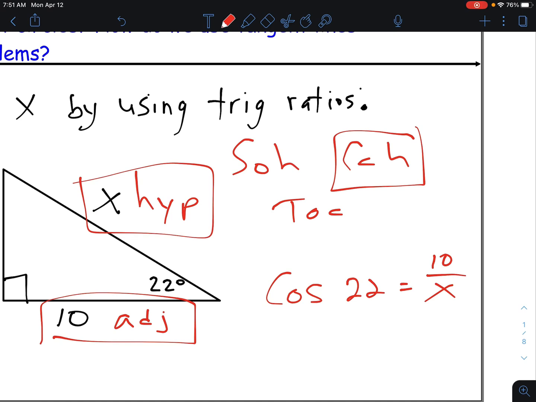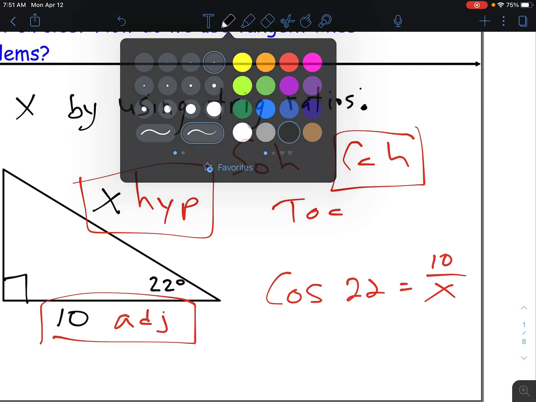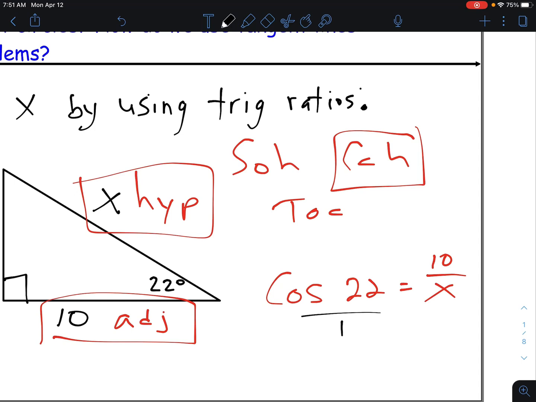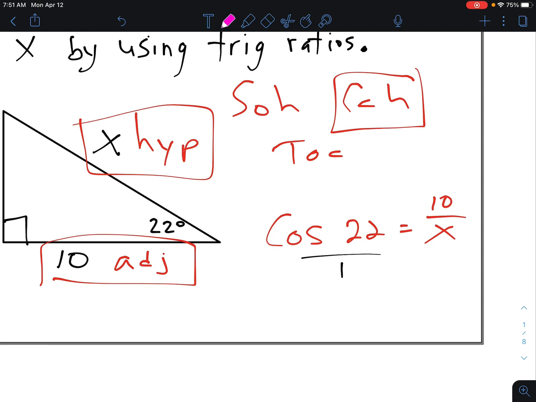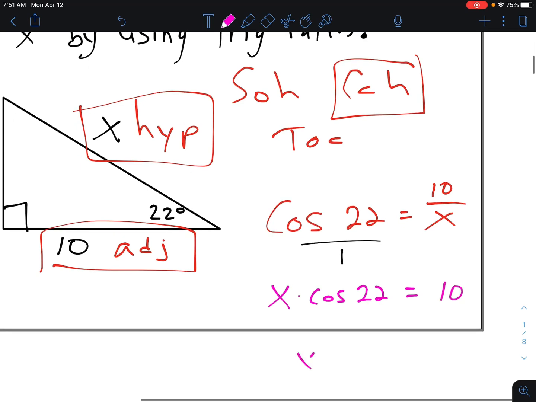We would cross multiply. That's how I would suggest you do this. So then we would multiply x times cosine of 22, and then divide both sides by the cosine of 22.